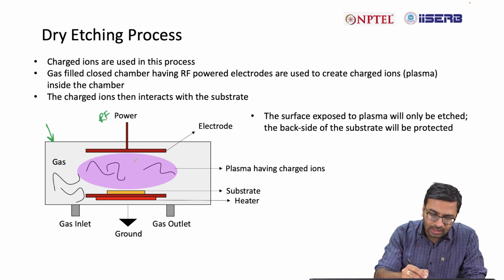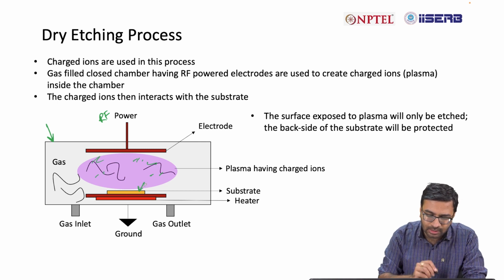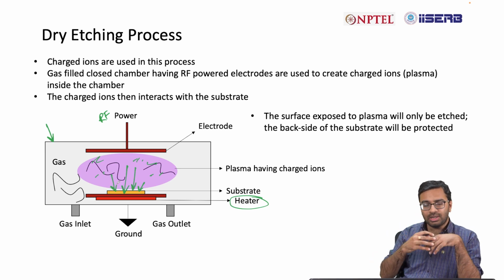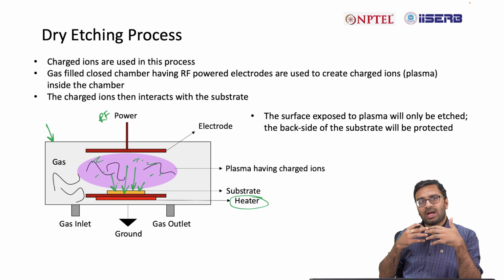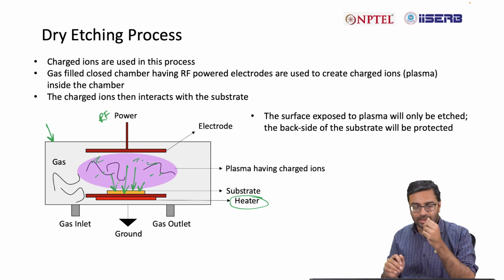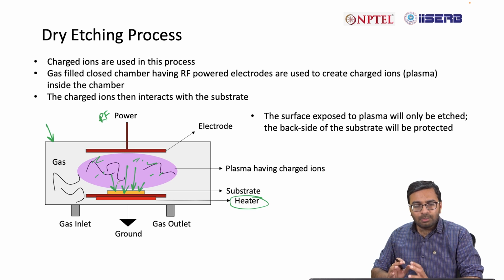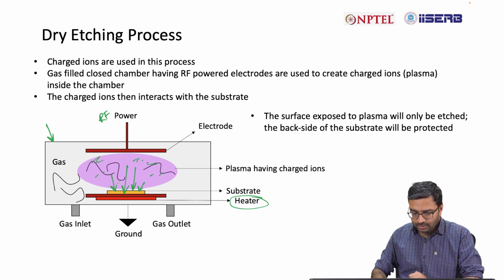So you have plasma inside this chamber, you keep your wafer or substrate over here, you use a heater also underneath in order to heat the substrate, and then the charged ions will hit the surface of the substrate, and those charged ions will then etch out materials from it. Okay. So this is the usual process of dry etching.